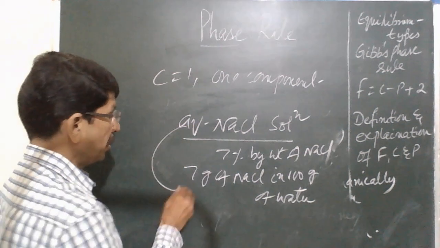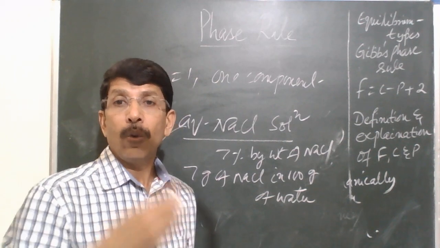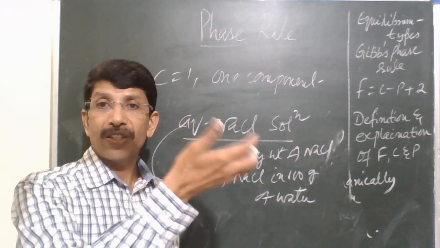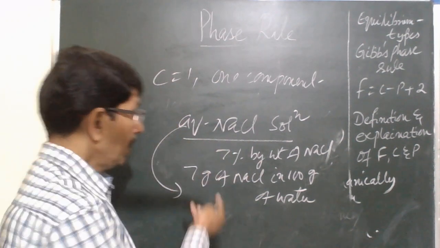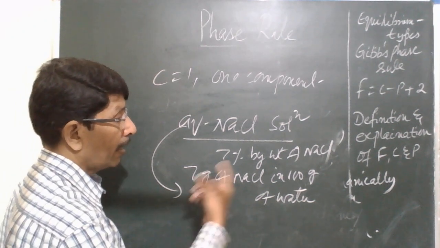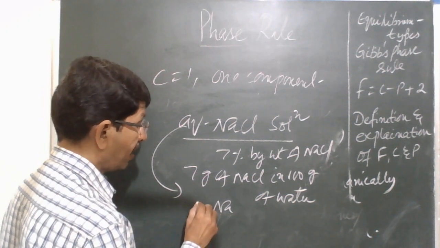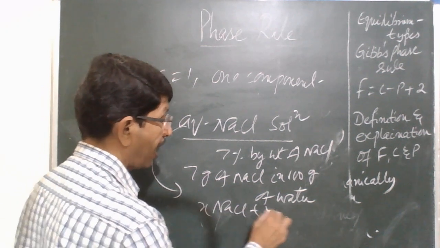So what is the composition of this? Concentration is different from composition, right? What is composition? What amount of each constituent is present? So composition can be represented as X grams of sodium chloride and Y grams of water.